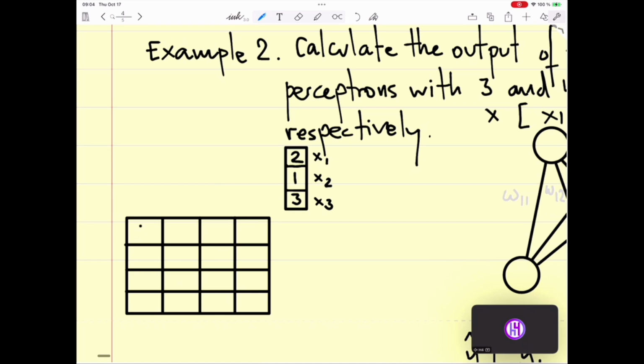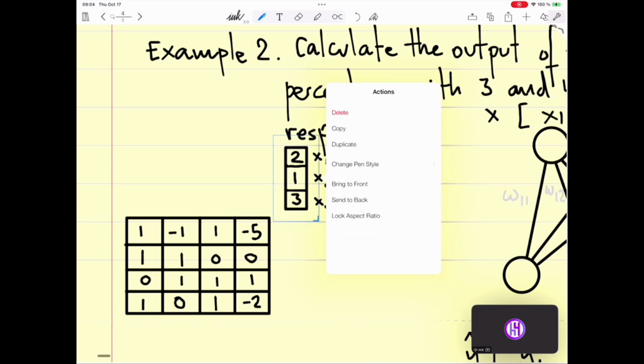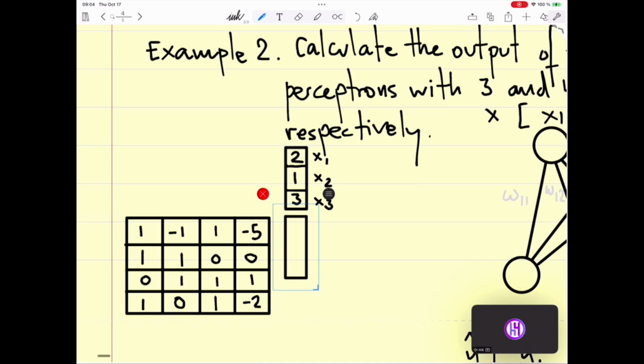So the weights are going to be 1, -1, 1, -5, 1, 1, 0, 0, 0, 1, 1, 1, and then 1, 0, 1, -2.